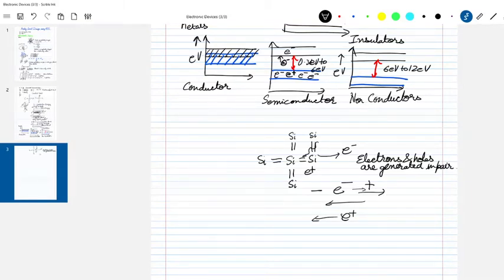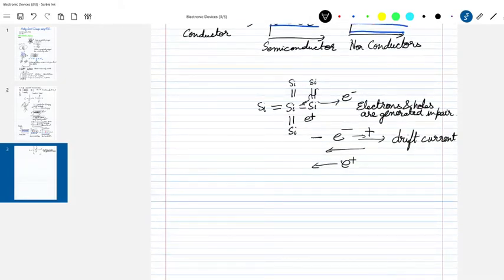So if electrons travel in one direction, holes travel in the other direction. This is referred to as drift current, which is based on a force due to an external applied electric field. There are going to be two drift currents here: electron current and hole current.